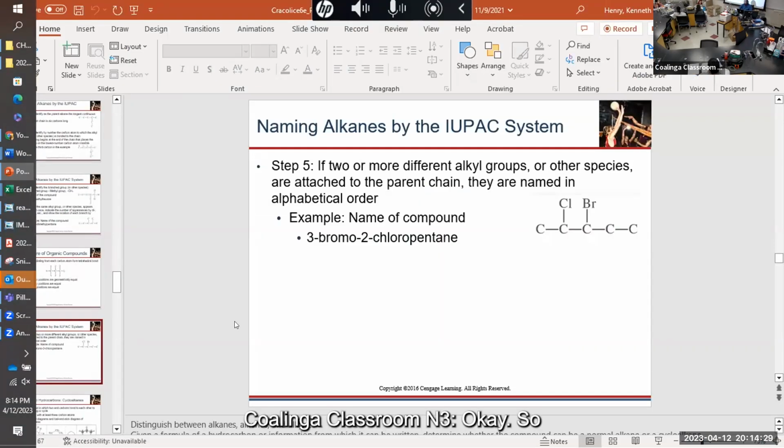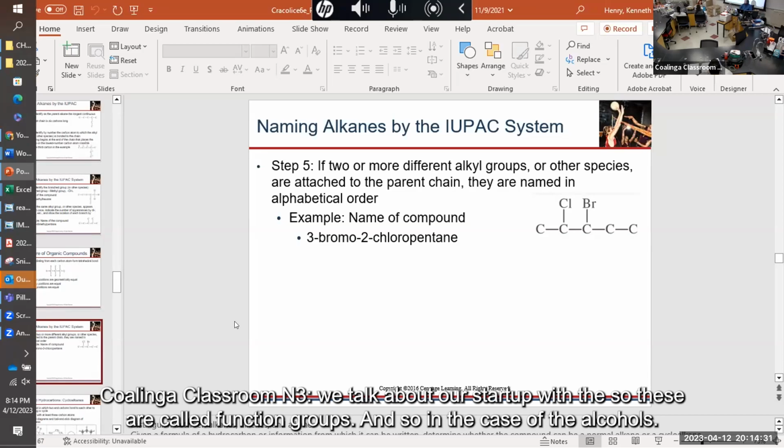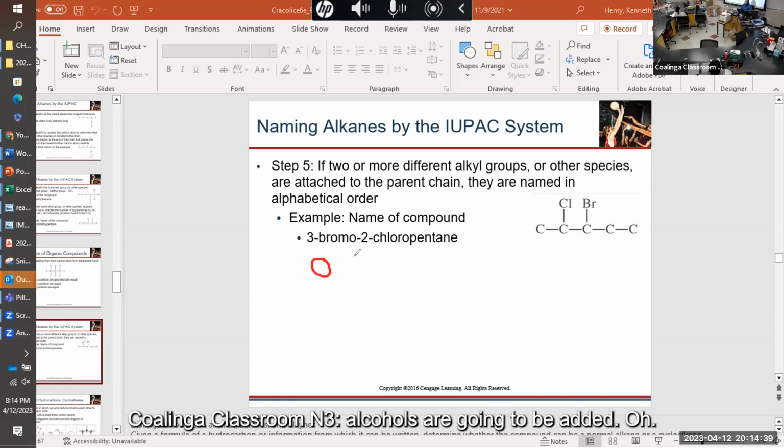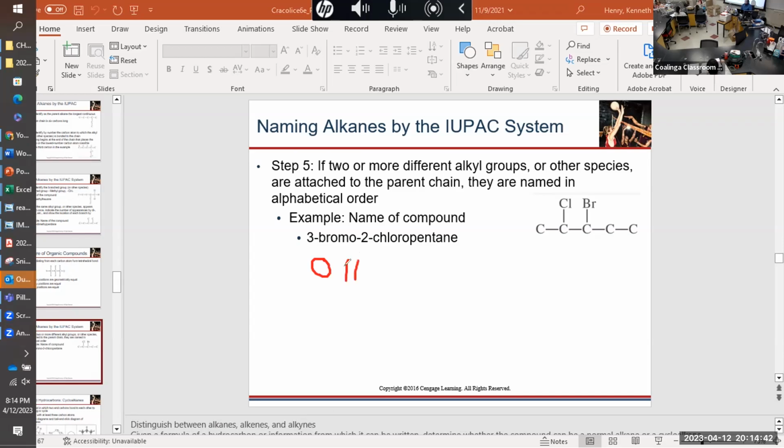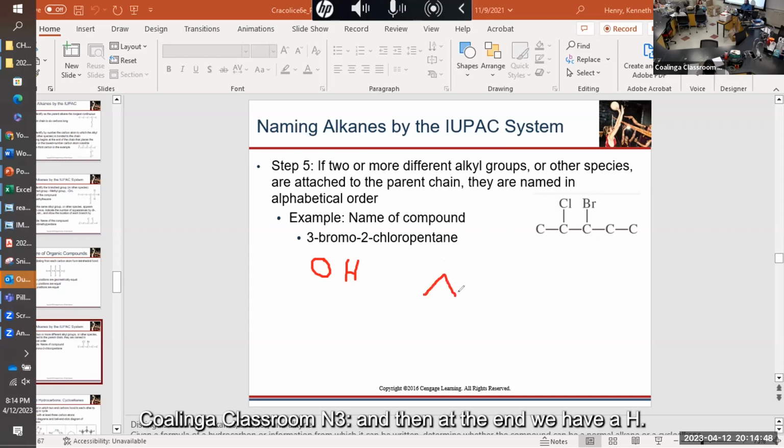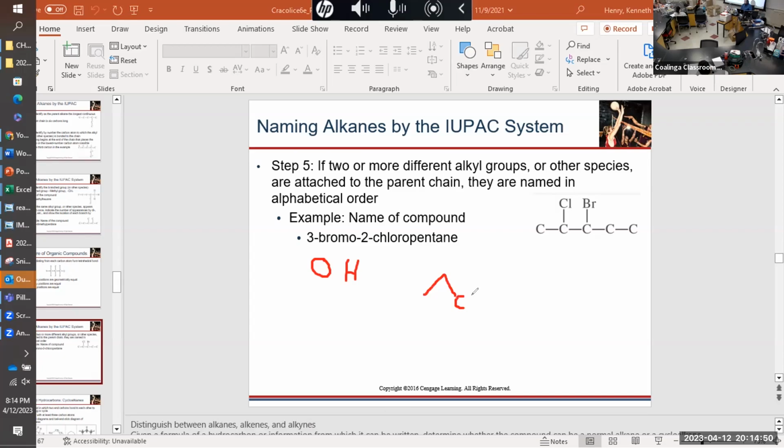We're going to start off with the alcohols. That's one of the functional groups. These are called functional groups. In the case of the alcohols, we're adding OH to our carbon chain. If we have two carbons, and then at the end we have OH, that OH makes it an alcohol.